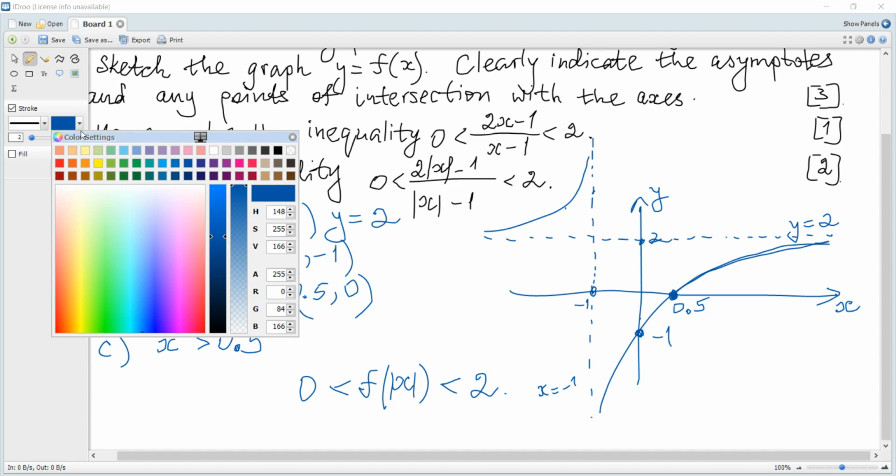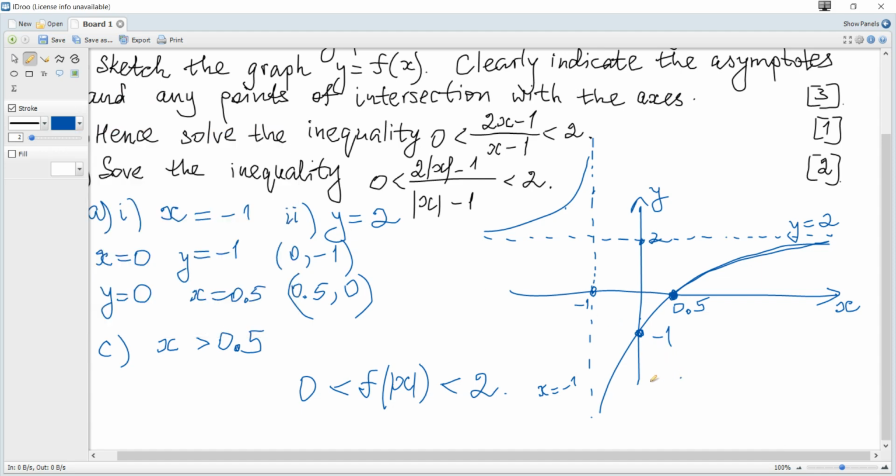The rule is the next. We delete the part of the graph corresponding to negative values of x, and reflect this remaining part for positive values of x about y-axis to the left.